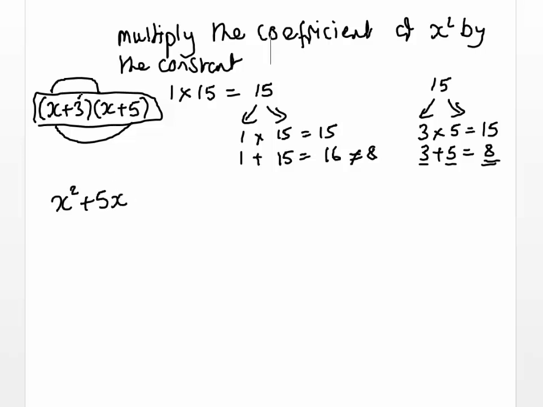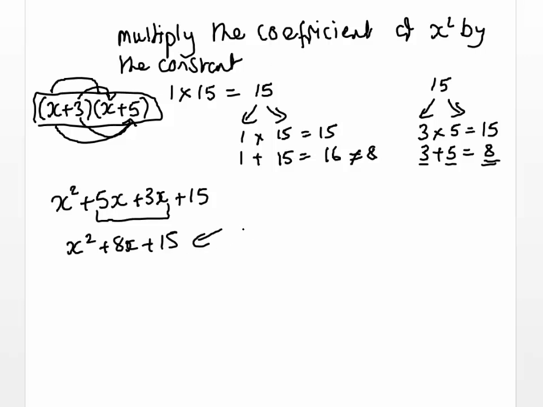Then I've got 3 times x will give me plus 3x. And then I've got 3 times 5 will give me positive 15. We can only simplify the 5x and the 3x by adding them together. So that's going to give me x squared plus 8x plus 15.